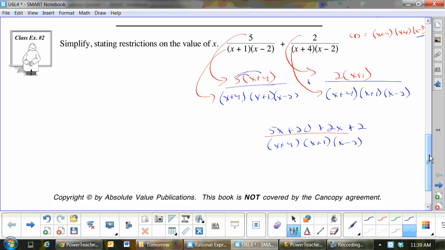Okay, that would give us a final answer of 7x plus 22 all over x plus 1 times x minus 2 times x plus 4. X cannot equal 2, negative 1, negative 4.